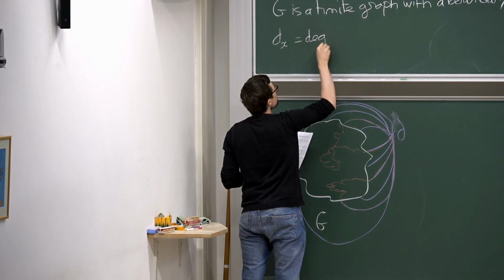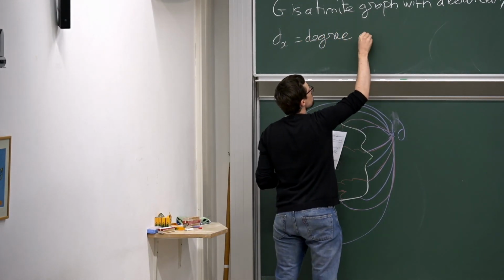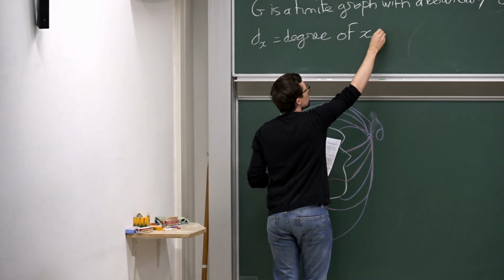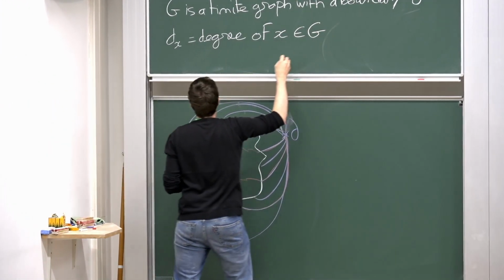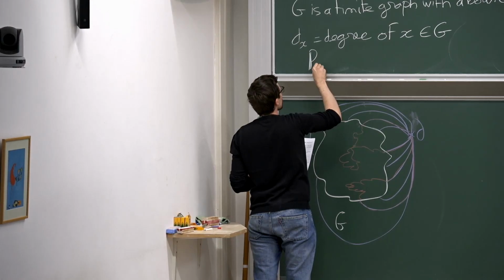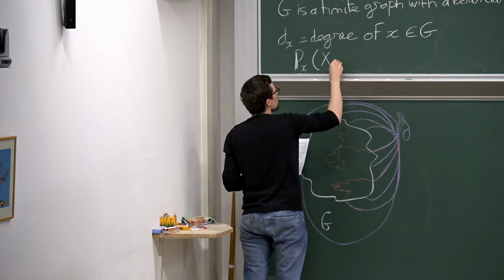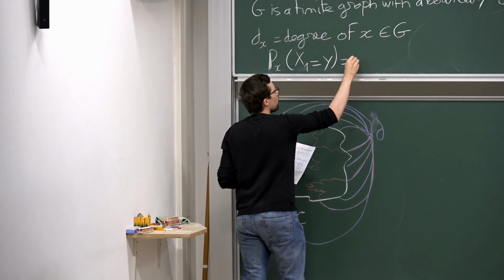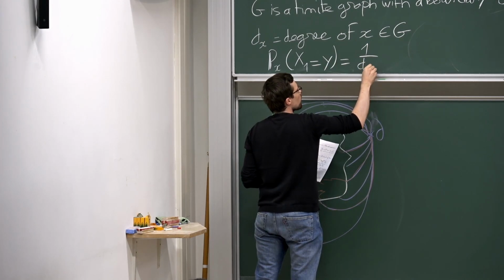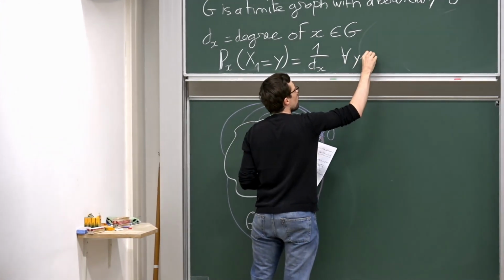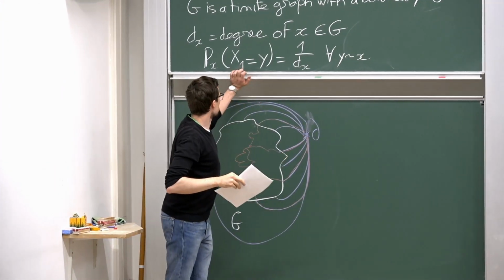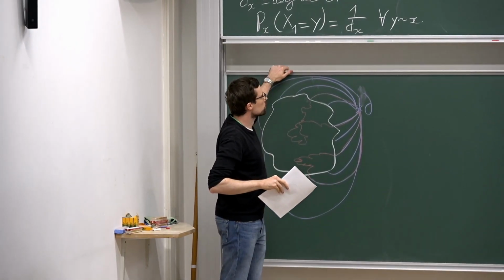For this, let me first call d_x the degree of a vertex x in my graph. The definition of my walk is that I jump from x to y with probability 1 over d_x for any neighbor y of x. So it's just uniformly among the possible jumps.